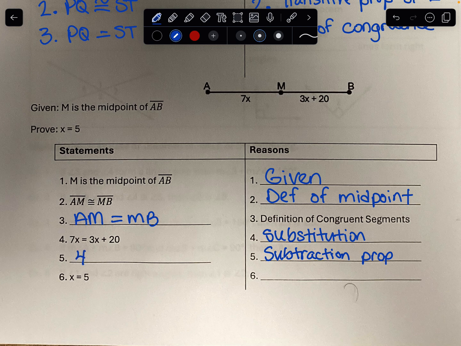So here we would get 4x is equal to 20. Then how did they go from 4x equals 20 to x equals 5? Division property. Okay. We feel like this is doable? Yeah.